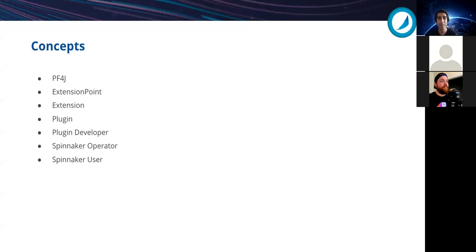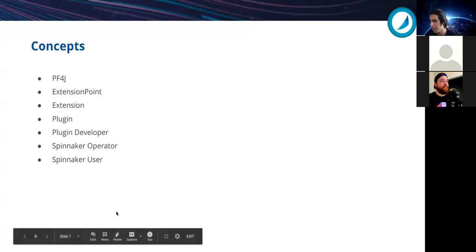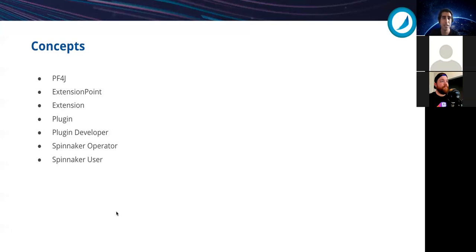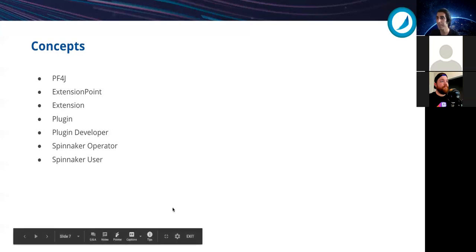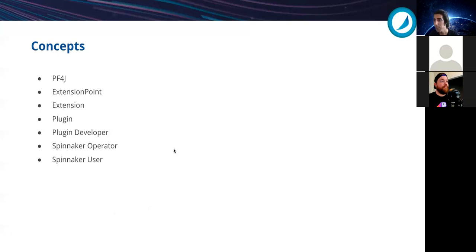There's going to be a lot of manual configuration, and you're not going to be hooked in with the plugin lifecycle, which has many benefits as we're learning over time. And we keep adding to the benefits, like compatibility tests, etc. Spinnaker operators are the ones who are operating Spinnaker, managing the configurations and making sure it runs smoothly.